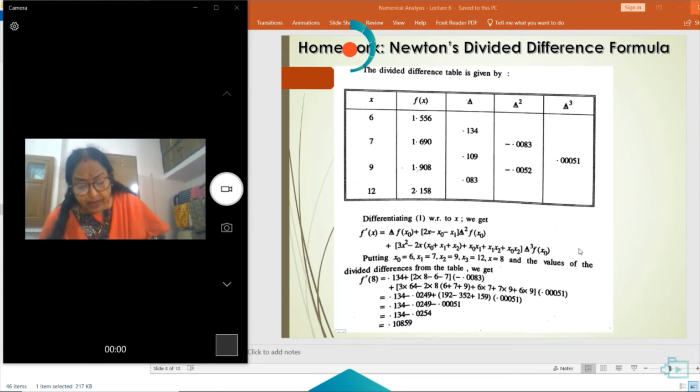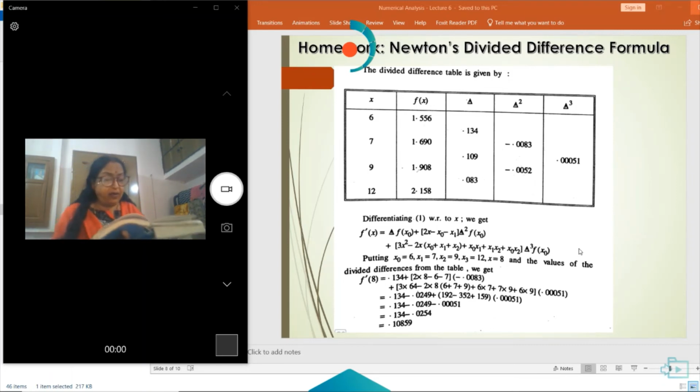So if we substitute these values in the formula, that is f(x) equal to f(a), means 1.556, delta f(a) means 0.134, delta square f(a) means minus 0.0083 and delta cube f(a) is equal to 0.00051.